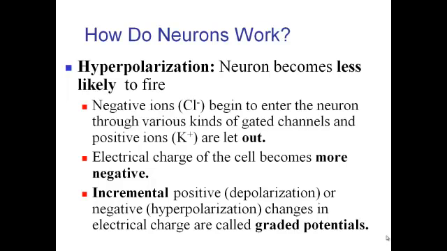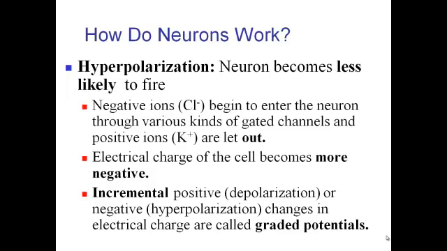But these are incremental changes. The depolarization is incremental. However, if the neuron is stimulated, leading to an increase of the membrane opening up, more depolarization is going to happen. More of those positive ions are going to come in.